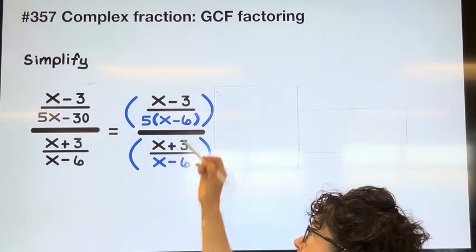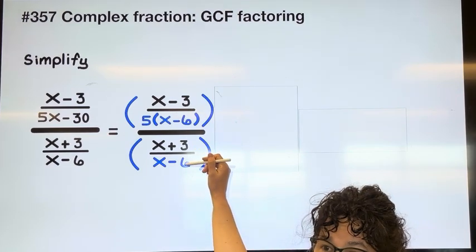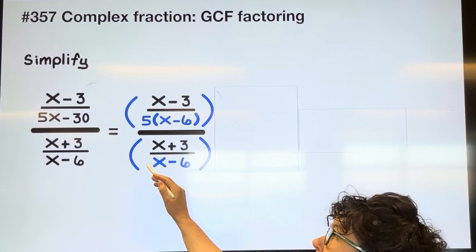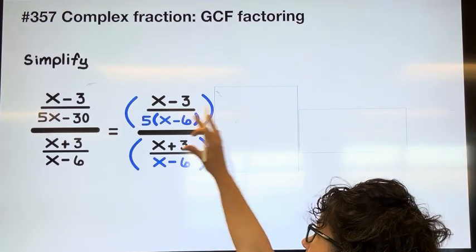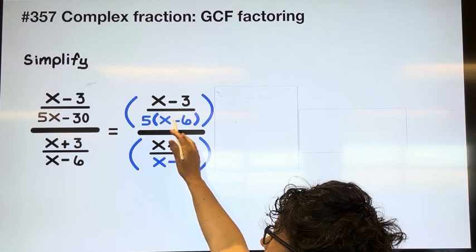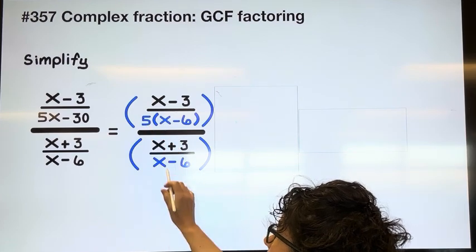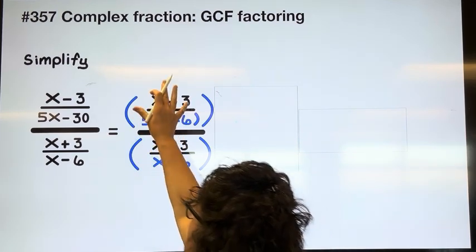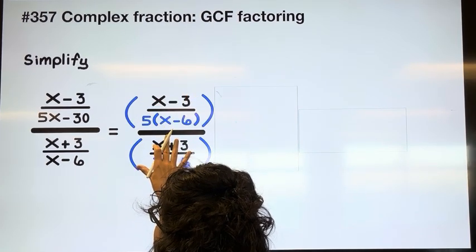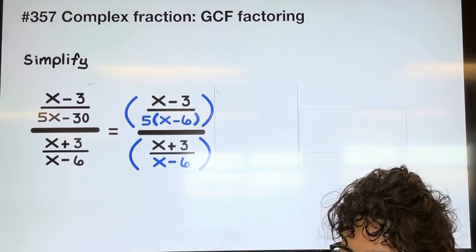Now, if we were going to force these denominators to be the same, then this one would need a 5. That would be our least common denominator. So if we consider all of our denominators, they have a 5 as a piece of the denominator. We have a 5 and an x minus 6. So let's multiply the top by both 5 and x minus 6 and the bottom by both 5 and x minus 6.